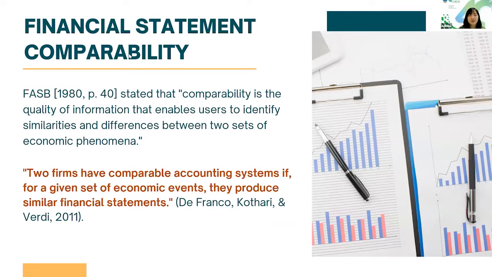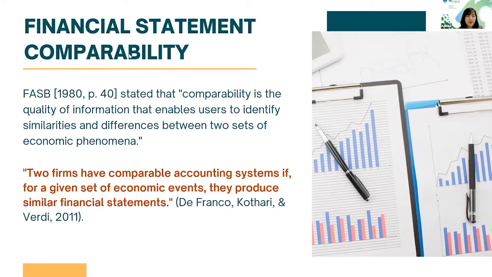Our topic focuses on the role of financial statement comparability as a moderator. And what is financial statement comparability? According to the Financial Accounting Standards Board, comparability is the quality of information that enables users to identify similarities and differences between two sets of economic phenomena.